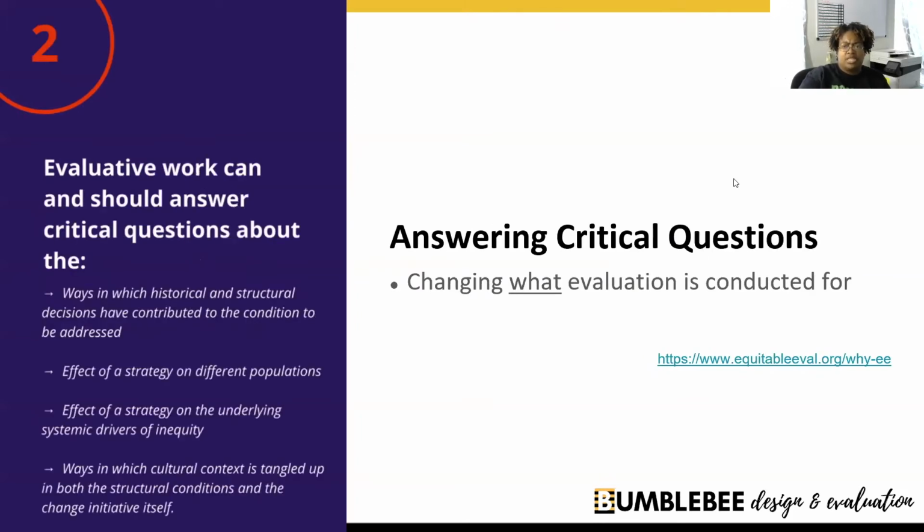The second principle is that evaluative work can and should answer critical questions, particularly in terms of changing what evaluation is conducted for. Rather than focusing the evaluation scope only on traditional evaluation outcomes such as fidelity, program process, and immediate participant outputs, equitable evaluation seeks to learn more about the impact of historical and structural decisions on outcomes, effects of programs on different populations, as well as how program outcomes contribute to broader drivers of inequity.